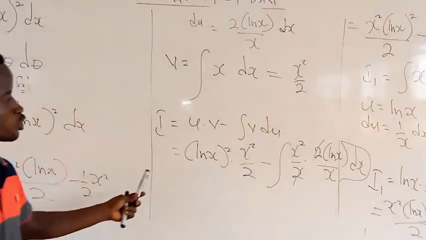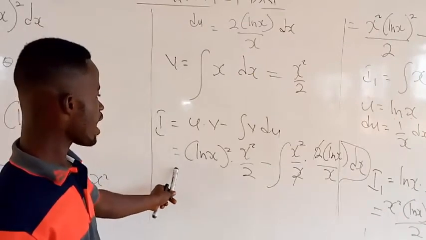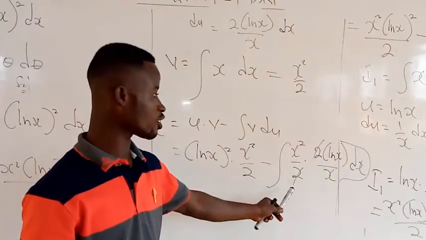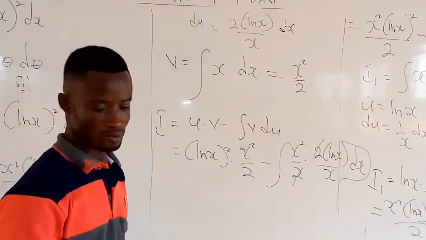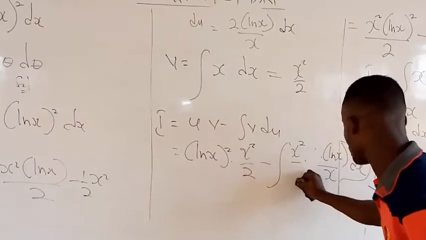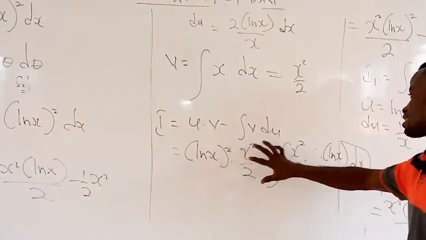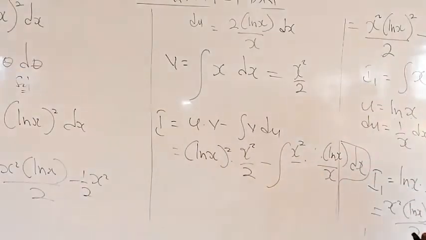So by substitution to this, where is I? I is equal to this. That is it. So I is this. This one will go. So we know that this is I. And we set this part.